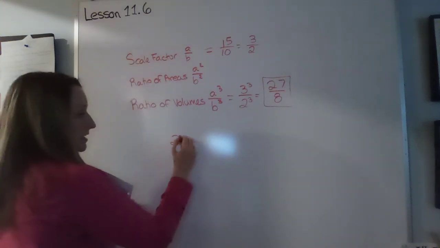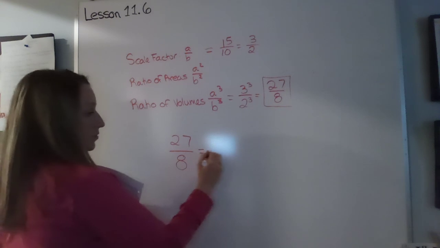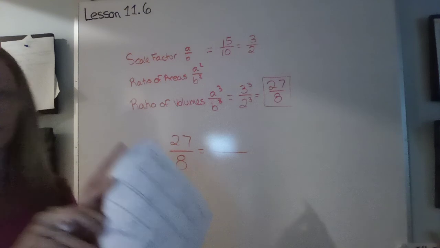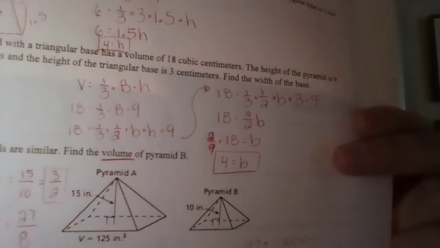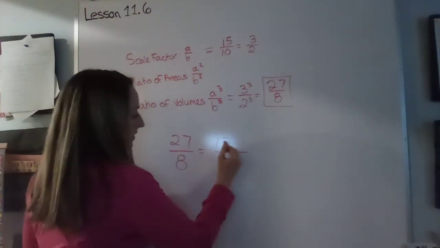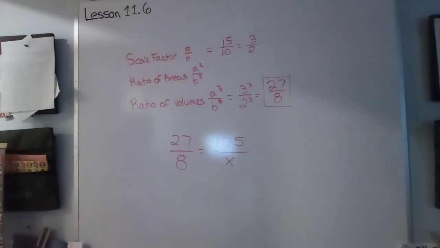All right, 27 to 8, that's the ratio of volumes, is equal to the volume of the large over the volume of the small. The volume of the large is given. See under the diagram, volume equals 125. I'm trying to find the volume of the small. And just cross multiply and divide.